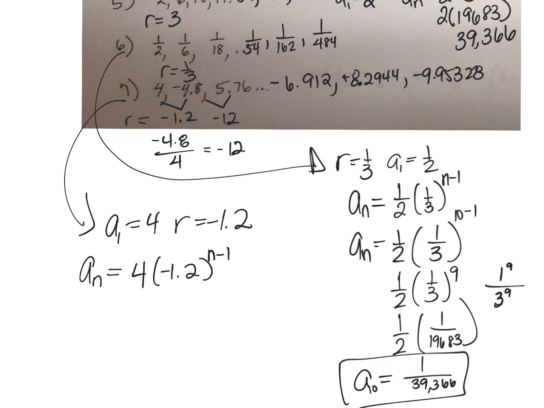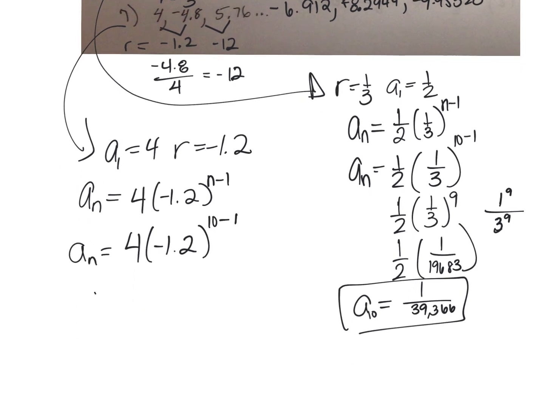N is still 10. We're just finding a10 on these. So an is 4 times negative 1.2 to the 9th.